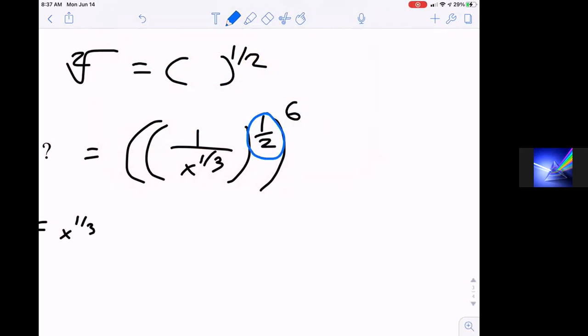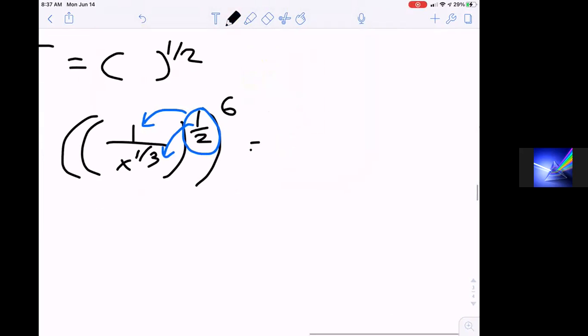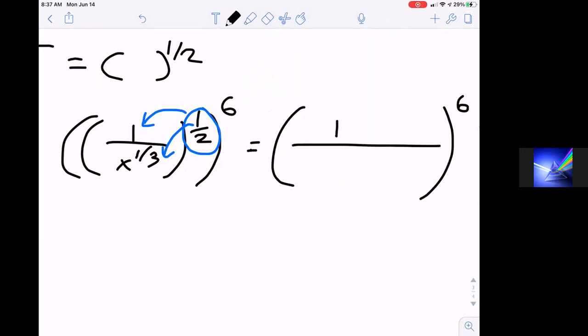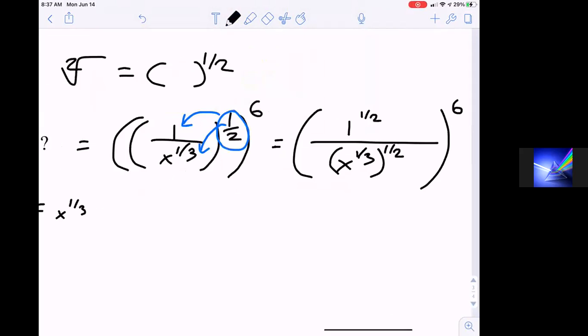I'm going to apply the 1/2 power to the 1 and the 3. And I'm going to hold that 6. I'm going to do this in steps. If I try to do too much at once, it's going to feel overwhelming. So do it in steps. Keep the 6 outside. And this is 1 to the 1/2 power over x to the 1/3 to the 1/2 power. So all I did was split it up.